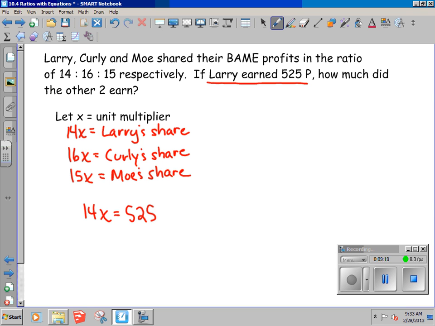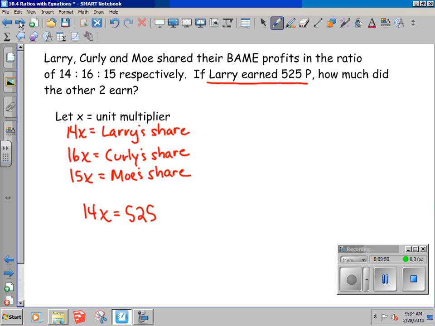Okay. Be careful on the equations, because it could be all different kinds of things I asked you. What if I asked you for an algebraic expression for the difference between Mo's share and Larry's share? What would be an expression for the difference between Mo and Larry? Lena? 15x minus 14x.